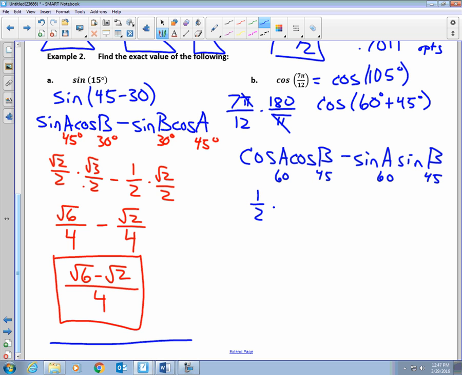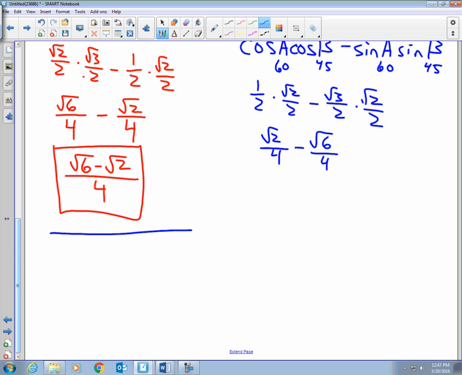Cosine of 45. Sine of 60. Sine of 45. So I get the root of 2 minus the root of 6 all over 4.